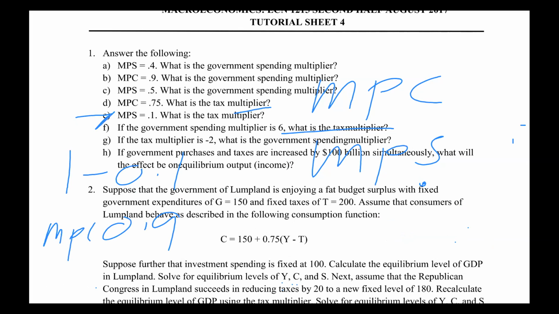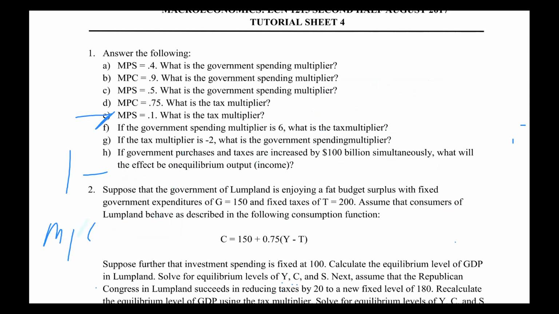What is the tax multiplier? So we are given the MPS, we need the MPC now. So the tax multiplier is negative 0.9 divided by 0.1, the MPS. What do you get as the tax multiplier? -9. Okay. You get it.